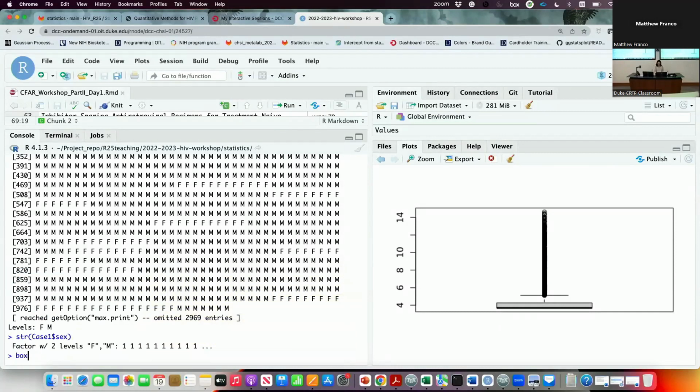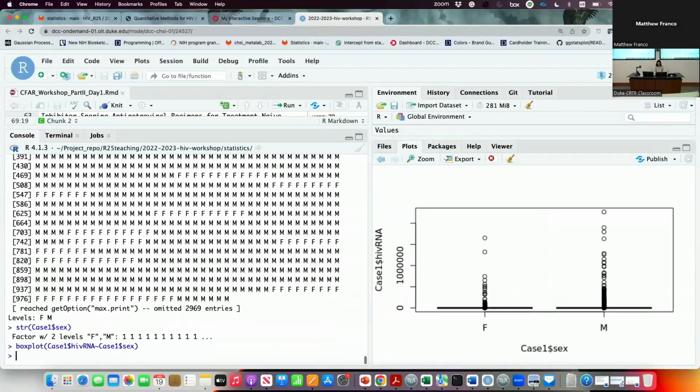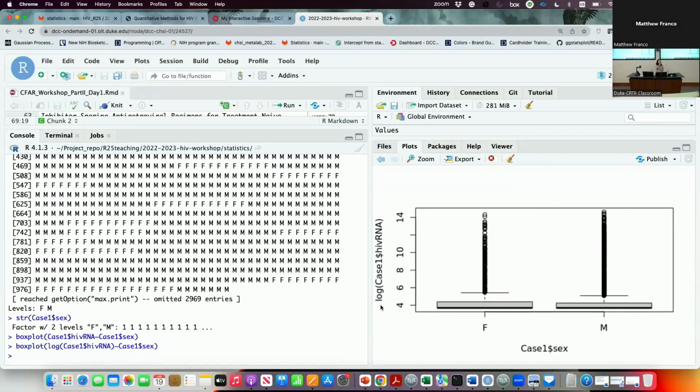If you say boxplot with case 1 HIV RNA, this automatically gives you a plot. So instead of thinking about facets and something fancier, you get a much quicker visualization before you determine which plot you want to make prettier or fancier. Again, there are advantages to using the default function to generate this plot.